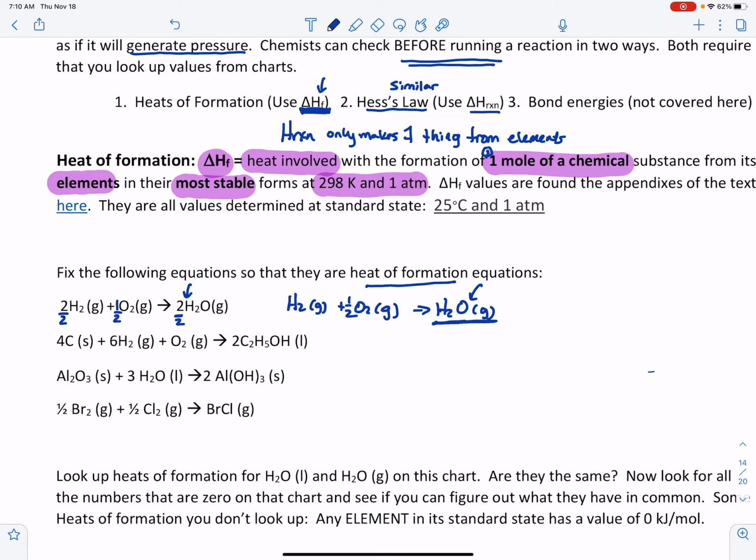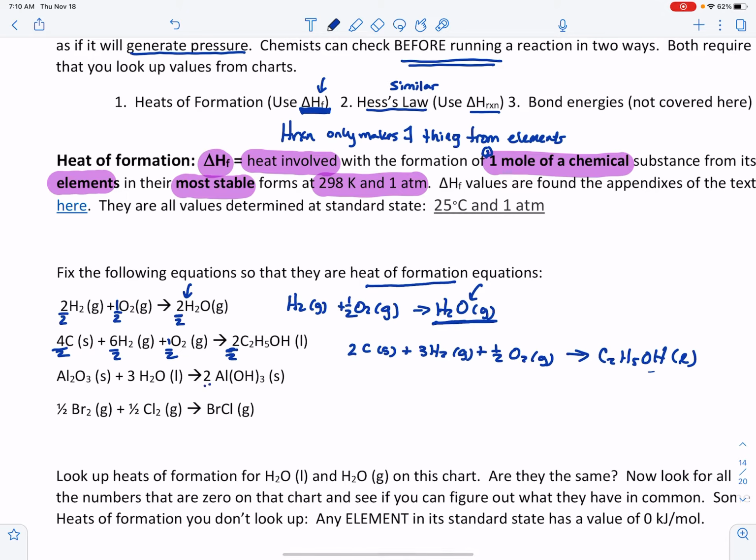Let's look at the next one. Again, we have a 2 here, right? So then we multiply by 1/2, and that's 2 divided by 2. So that would be 2 carbons as a solid plus 3 hydrogens as a gas plus 1/2 oxygen as a gas goes to C2H5OH as a liquid.